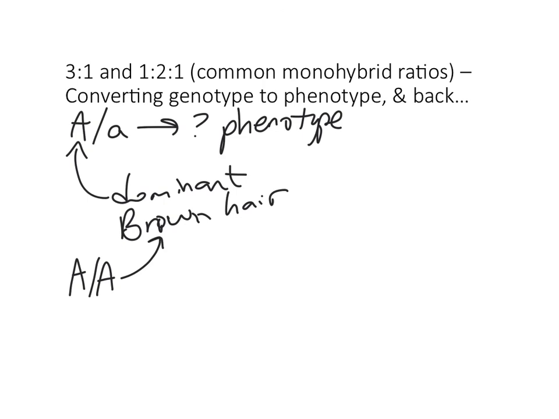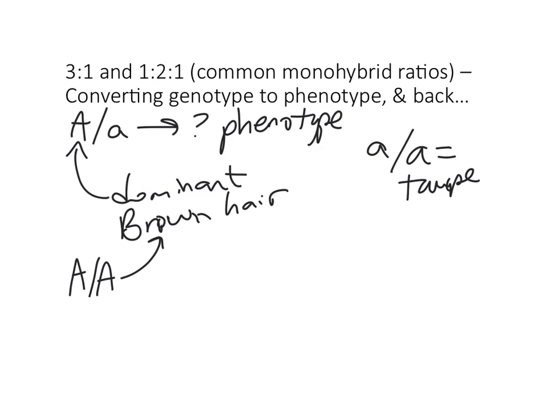What's the alternative? Taupe. I don't know, I'm just making stuff up. So let's say the recessive allele gives you taupe-colored hair. That's converting genotype to phenotype.